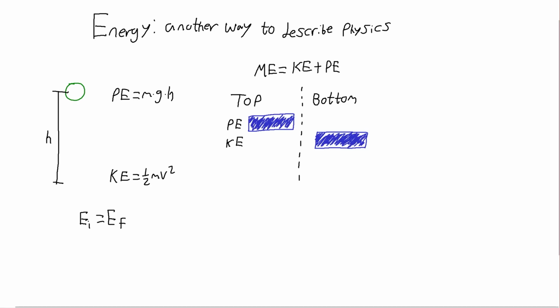So in the case of this ball, that would be mass times gravity times height is equal to 1/2 mass times velocity squared. If we were given the height and the mass, and we knew gravity, we could solve this equation to find the velocity of the ball.